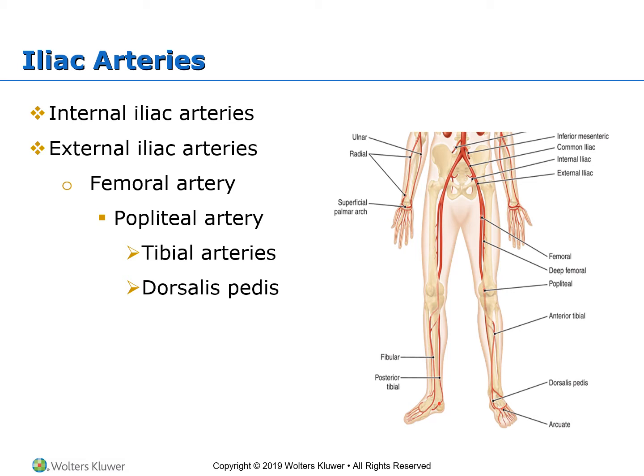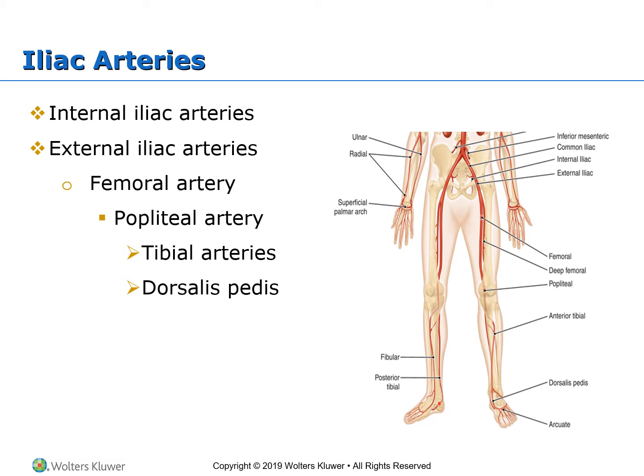The external iliac artery stays on the outside and will go towards the thigh, where it will become the femoral artery while passing under the inguinal ligament. The femoral artery will divide into the deep femoral artery at the level of the thigh, and after that, at the level of the knee, will become the popliteal artery, which in the leg and foot will give the anterior tibial and posterior tibial arteries.